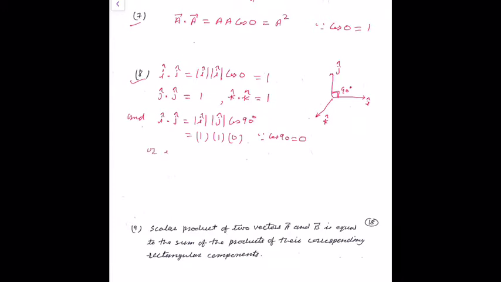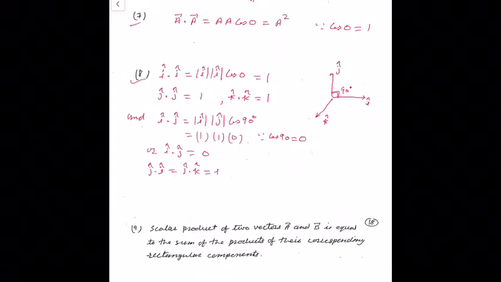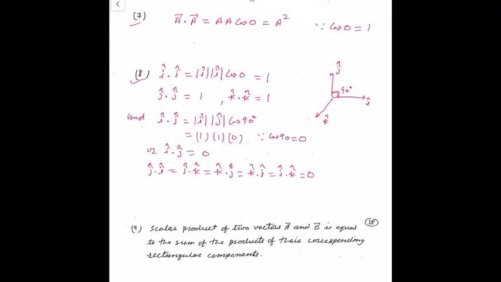So we can write i cap dot j cap is equal to 0. Similarly, j dot k is equal to k dot j is equal to k dot i is equal to i cap dot k cap is equal to 0.